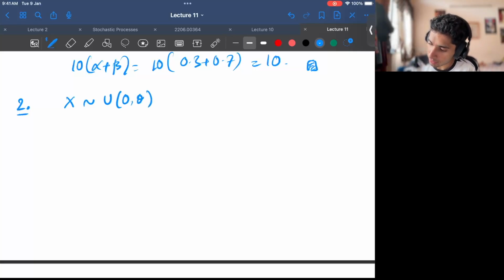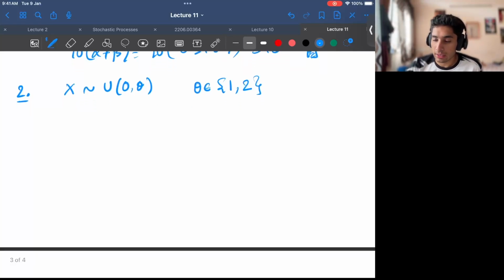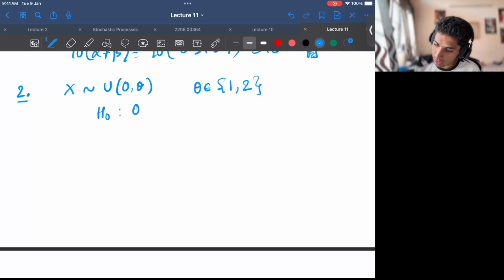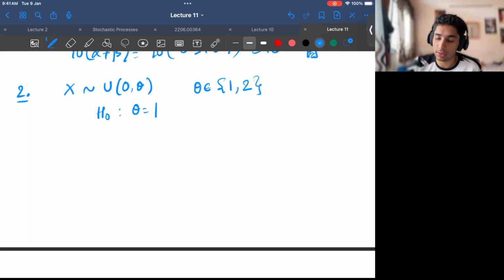So it's a uniform random variable with parameter 0 comma theta, and theta can assume only two values: it can either assume the value 1 or the value 2. That's all. Now you have H naught, which is theta equal to 1, your null hypothesis, and your alternate hypothesis, which is theta equal to 2.